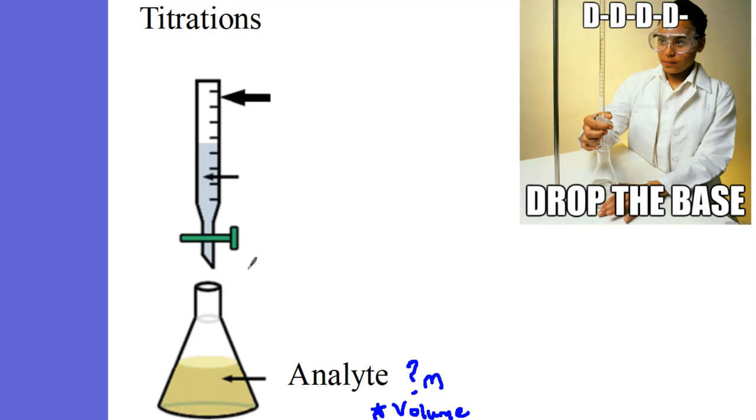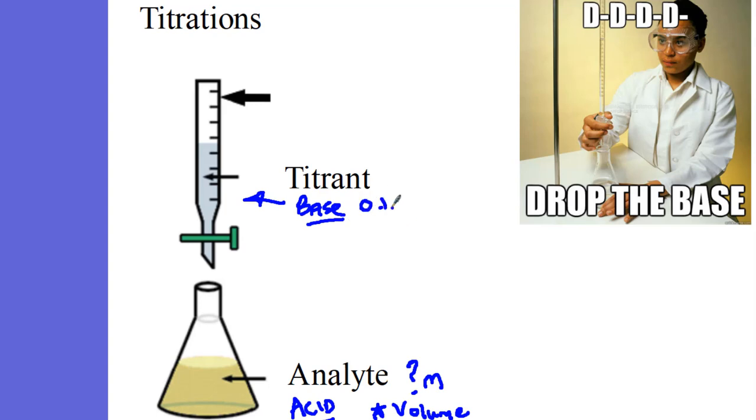Let's say this is an acid. I don't know its concentration, but I know its volume. And let's say we want to titrate it. We're going to titrate it with what's called a titrant. A titrant is a solution, and let's say in this titrant I have a base, and I know its concentration.